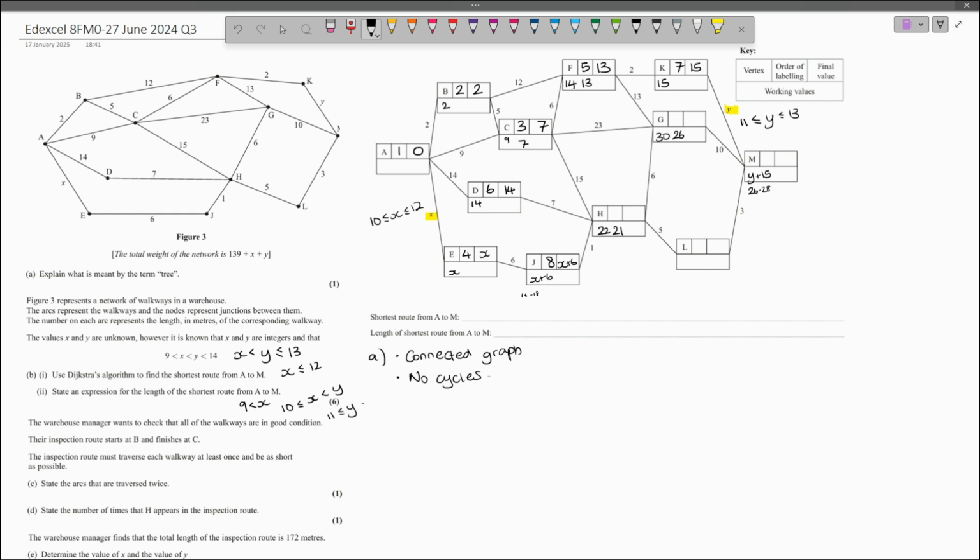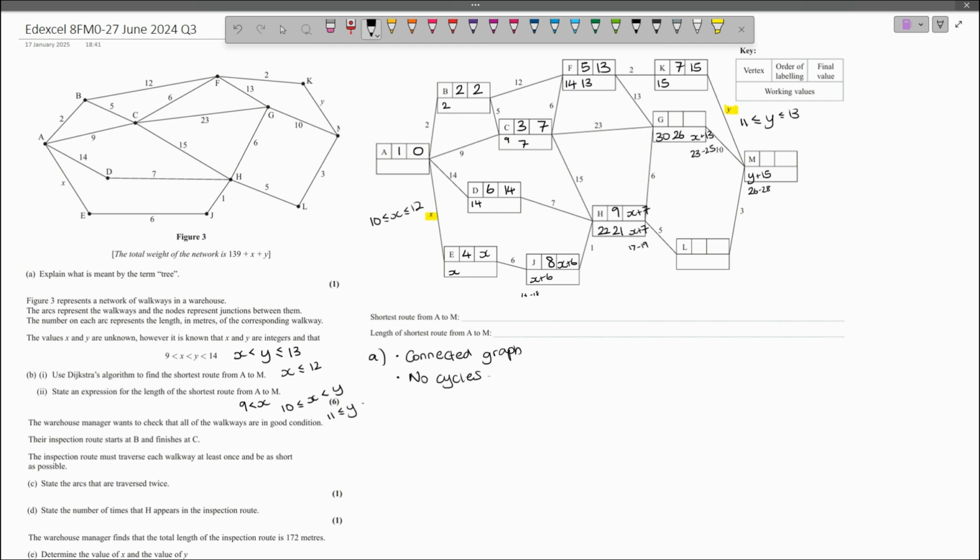So H is going to get a working value of x plus 7, which is between 17 and 19. H now has the smallest working value of any vertex we've not visited. So H is 9th with final value x plus 7. So I'm going to update working values. G is going to get a working value of x plus 13, which is between 23 and 25.